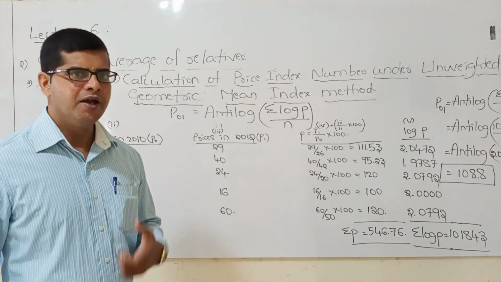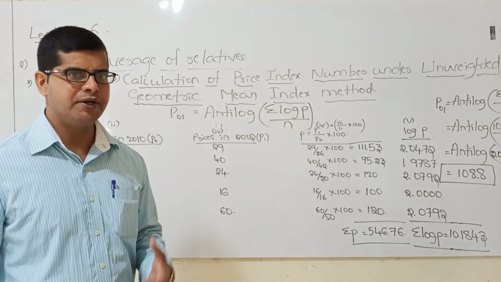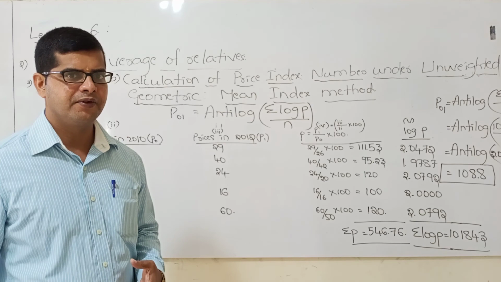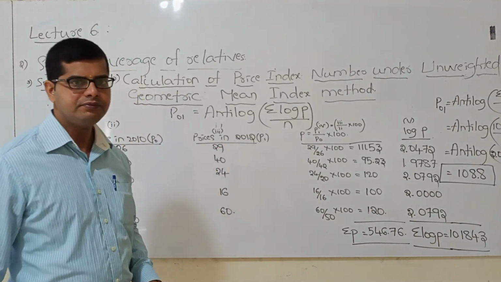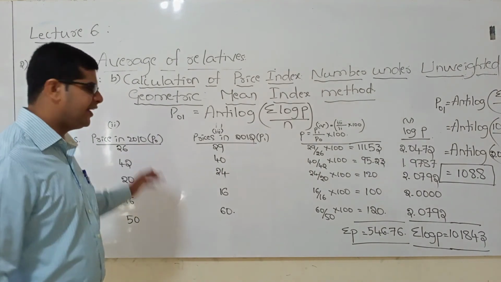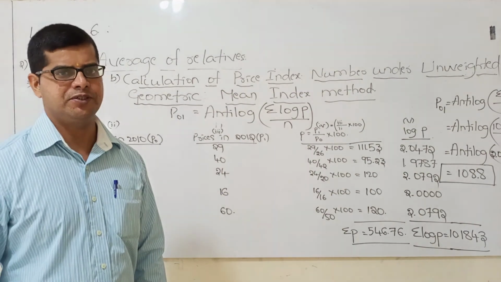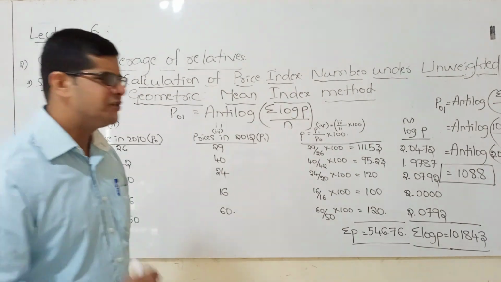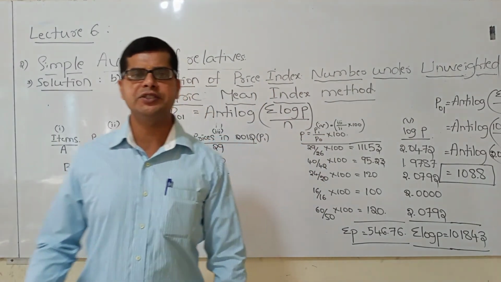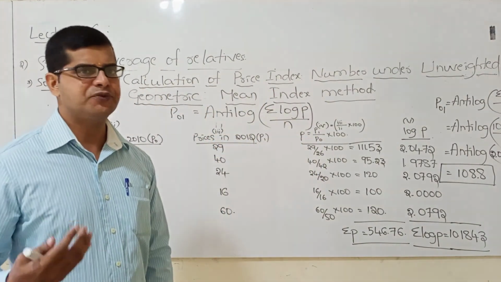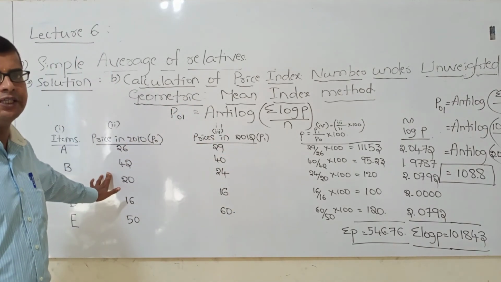I repeat, percentage change in the relative prices of the commodities for the current year 2012, taking 2010 as the base year, that is 108.8 percentage, or there is 108.8% change in the prices of the commodities, for the current year 2012, taking 2010 as the base year.